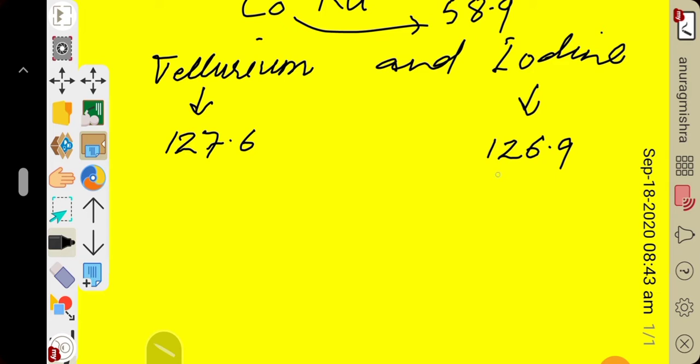The atomic mass of iodine is less than that of tellurium, so iodine must have an earlier position in the period, but it was not like that. Tellurium was placed first, and iodine later, so it was not following Mendeleev's rule. That's why it comes under the category of anomalous pair. Scientists could not explain the reason behind this, so it was a demerit of Mendeleev's periodic table.